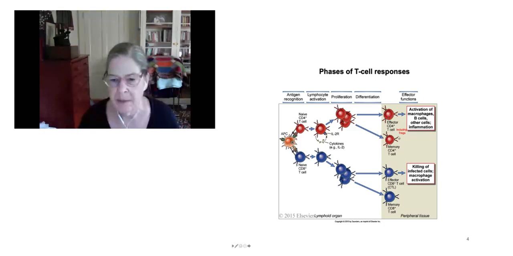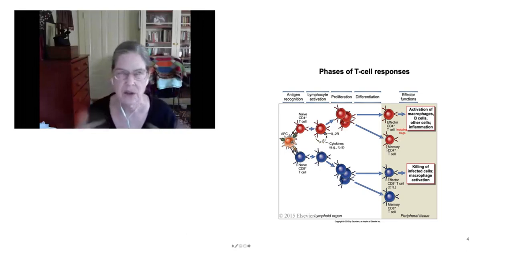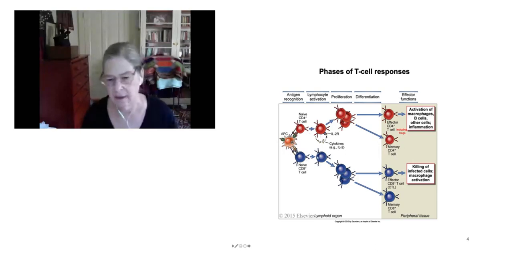Or they will be memory CD4 cells that will continue to go to what they call central. They can also be called central effector cells. So there's kind of gradations of memory. But they go back and they're constantly, so not only can this APC activate a naive cell, they can also activate a memory cell that has traveled back to the lymphoid tissue looking for antigen.